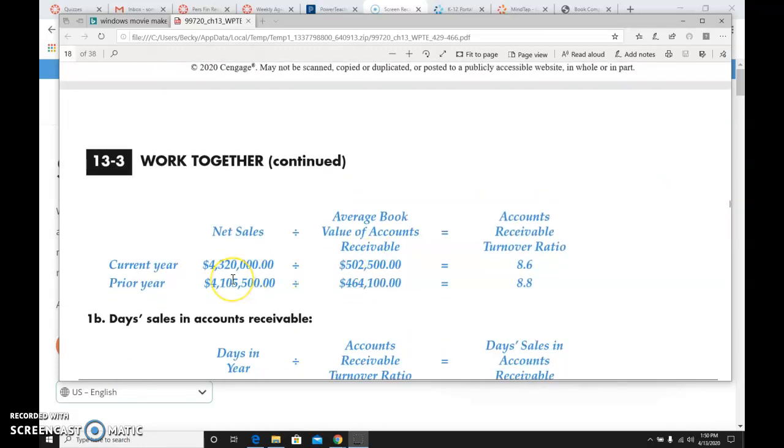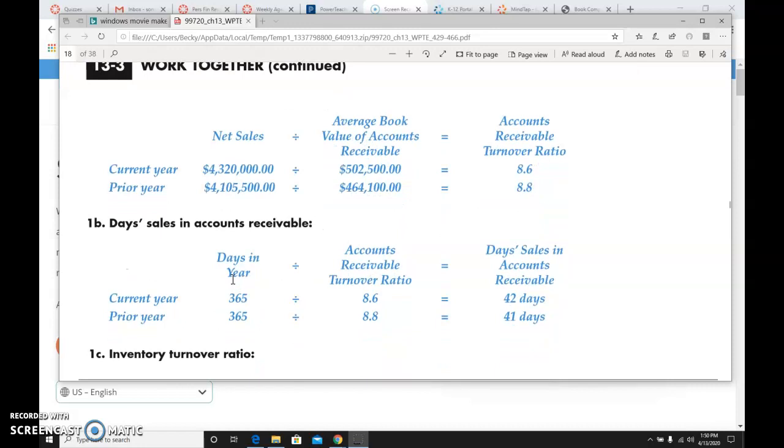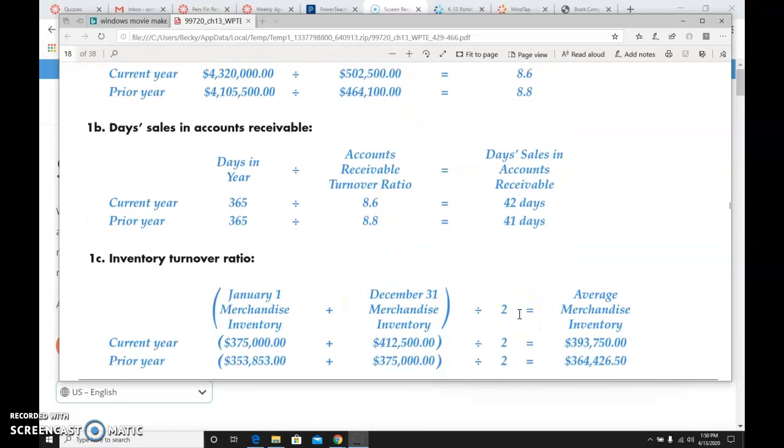And then you take net sales divided by that average AR to get the turnover ratios. Then we do days' sales by taking 365 divided by 8.6 to get 42 days and 41 days.